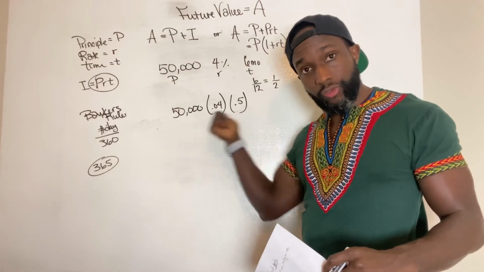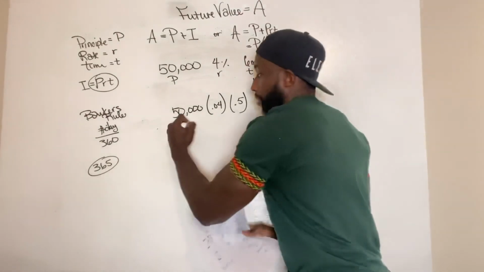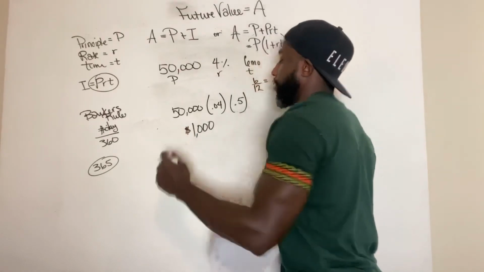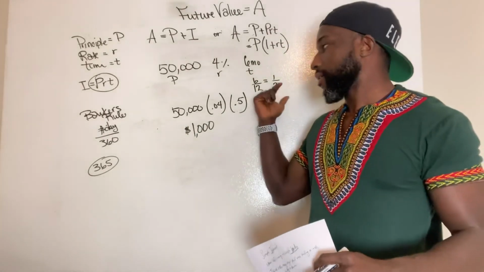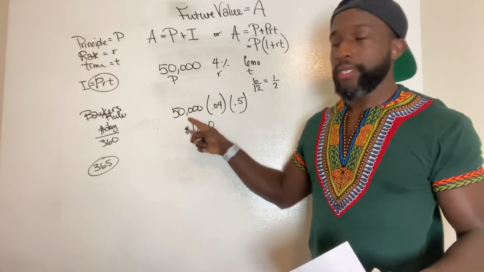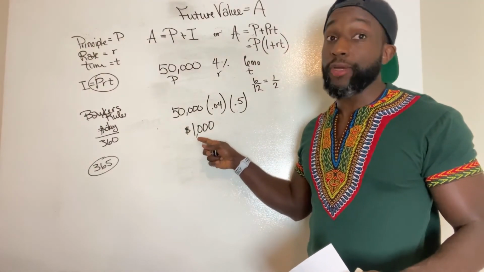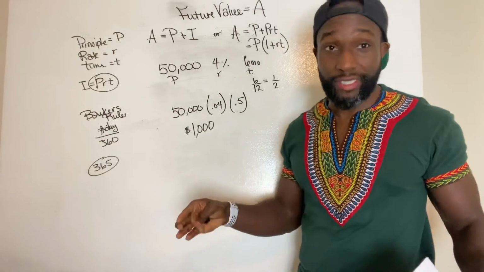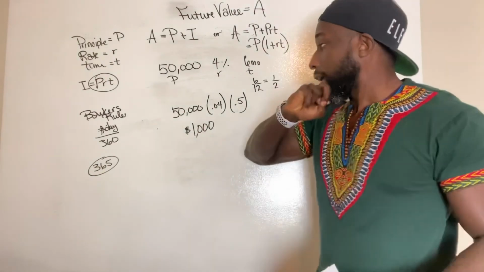When you do the math, you end up with $1,000. So over 6 months at a 4% rate, this loan for $50,000 required $1,000 in interest, right?